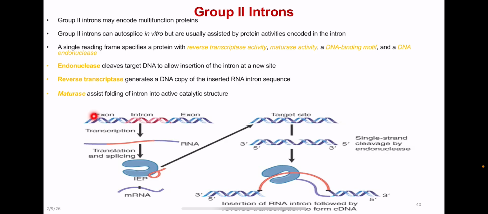So first, this would be your premature DNA strand, like your DNA strand with exons and introns and everything, but it will be transcribed into your pre-mRNA. What this does is the intronic region will code for a protein.